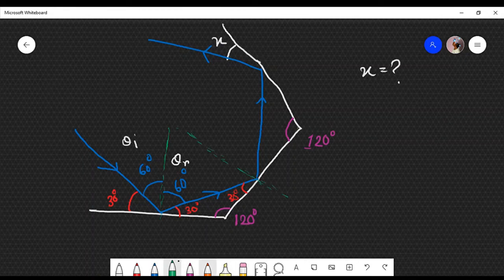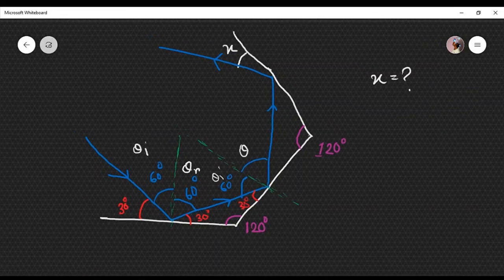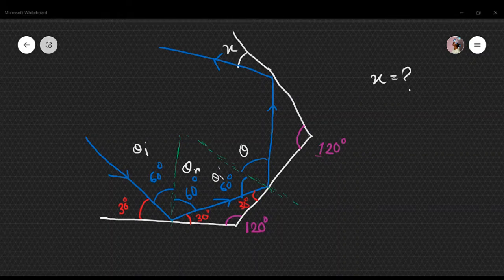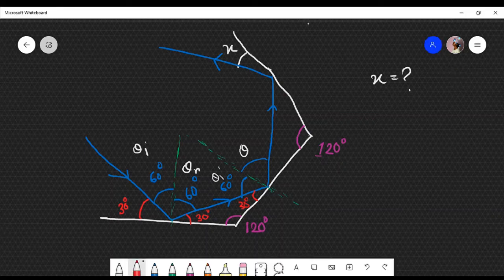This normal will be kind of bendy, but just tilt your head and you'll find it straight. So in here, this angle right here will be 60 degrees again. As it is the incident angle, this is theta r, so it also is 60 degrees, and this here will be 30 degrees.